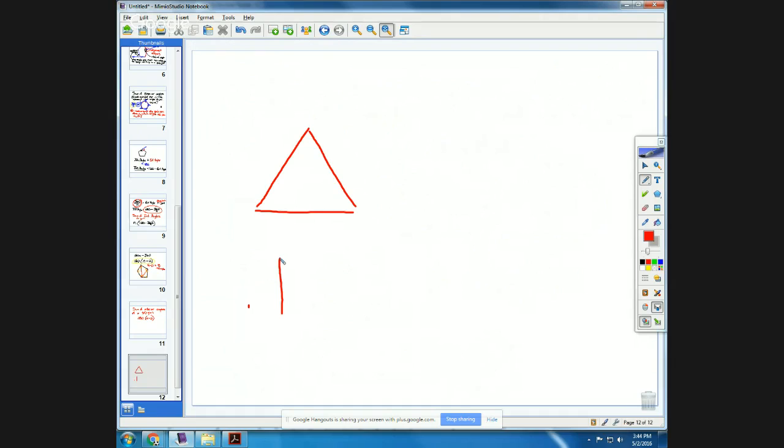So there's one side, there's a 90-degree angle, another 90-degree angle, another 90-degree angle, and oh, well, look, a rectangle would be equiangular, but not equilateral. And so it turns out you can have an equiangular figure that's not equilateral.